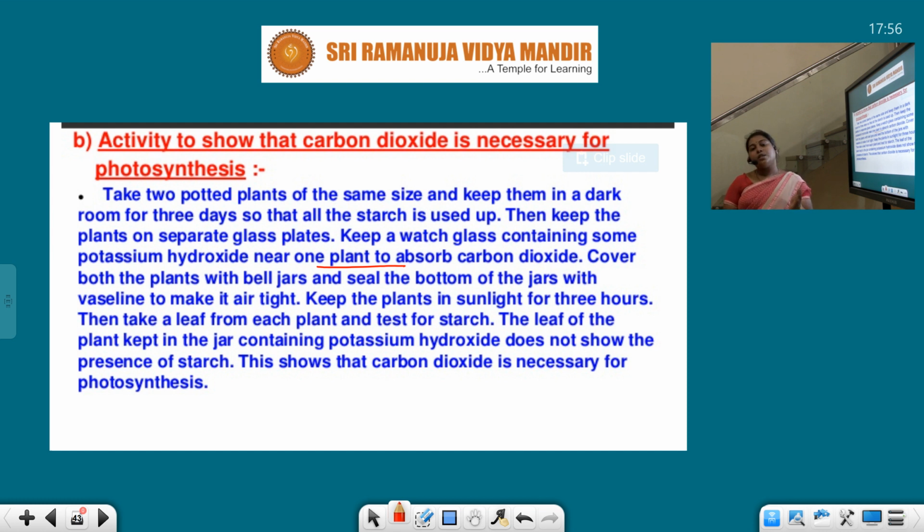If it doesn't turn blue, it indicates the absence of starch. If starch is present, students, we can easily guess that photosynthesis took place. Okay, this is the activity to show that carbon dioxide is necessary for photosynthesis.